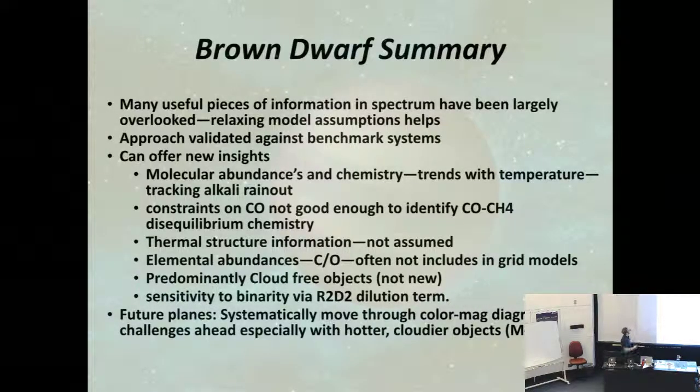We've validated this retrieval approach on these benchmark systems, and we've learned about these different trends. We can back out things like the carbon to oxygen ratios, something that's not often done for these brown dwarfs. And I just quickly pointed out that maybe we can say whether or not an object is a binary because we retrieve an unphysically large radius.